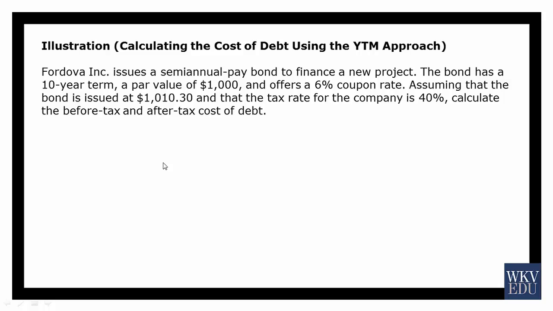So clearly what is happening is that in the market, other opportunities might be trading at 5%, 5.5%, let's say, but this company is offering you 6%. So as a result, if other avenues were providing 5.5% and this company is providing you 6%, it will obviously be charging you a higher price, and therefore the bond is trading at a premium of $1,010.30.